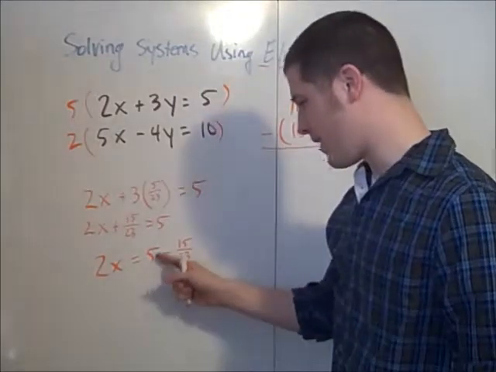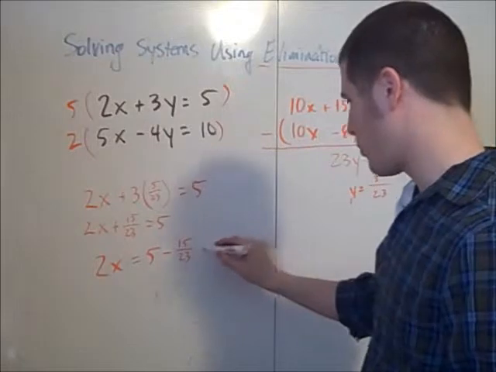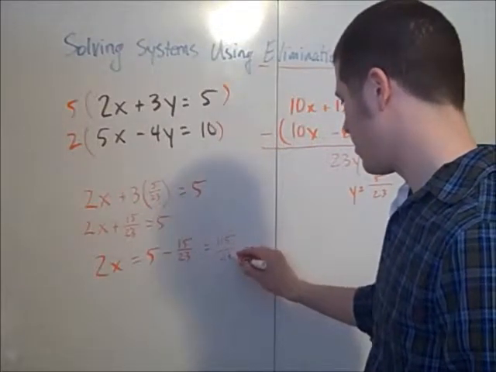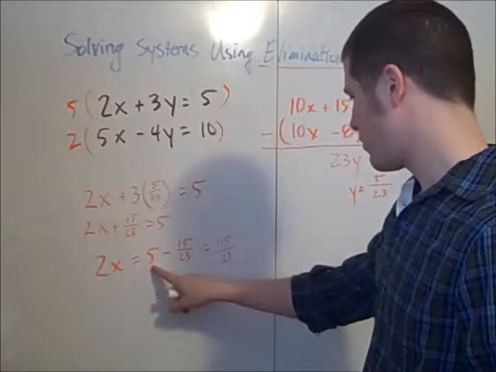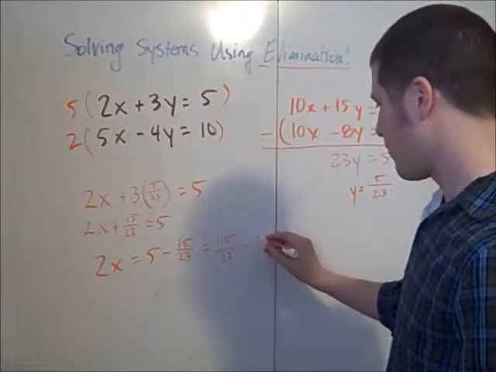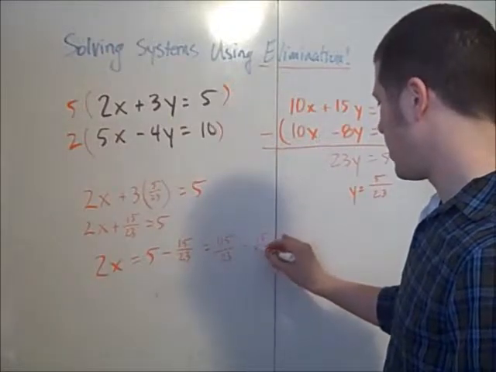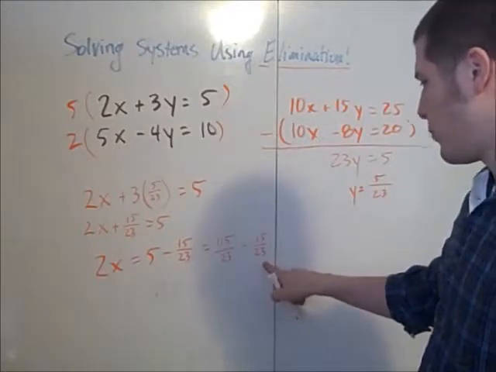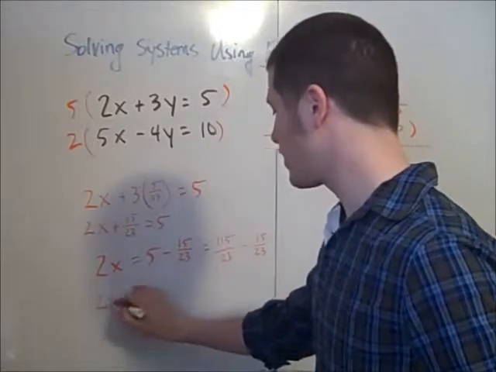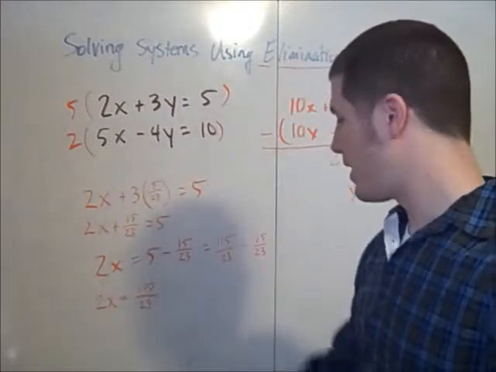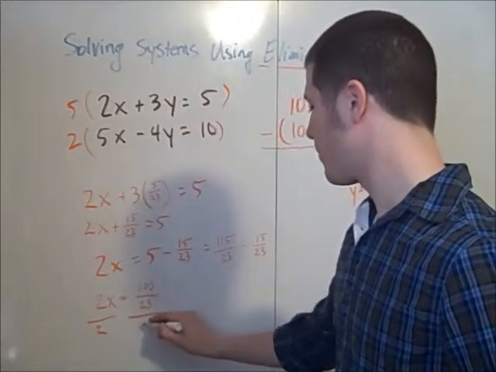So if I multiply the 5 top and bottom by 23, what do I get? 115 over 23, I think? I hope. 5 times 20 is 100. 5 times, yeah, that's right. This is minus 15/23. So I get 2x is equal to 100 over 23. And then divide both sides by 2.